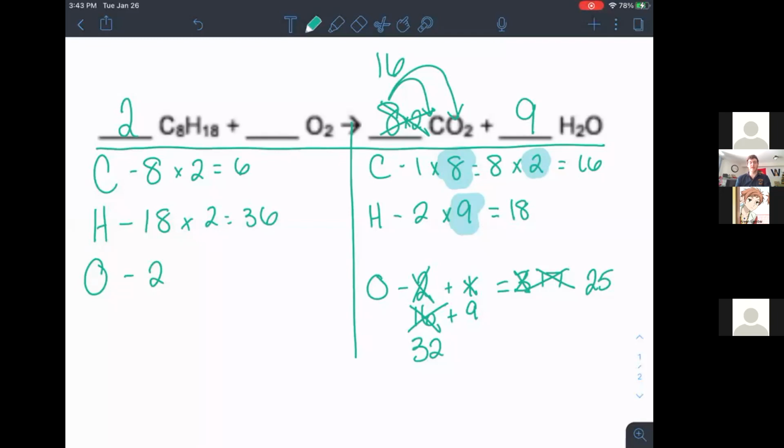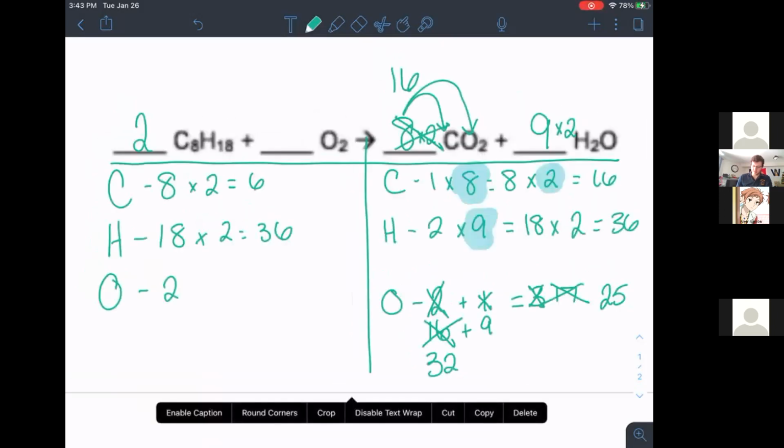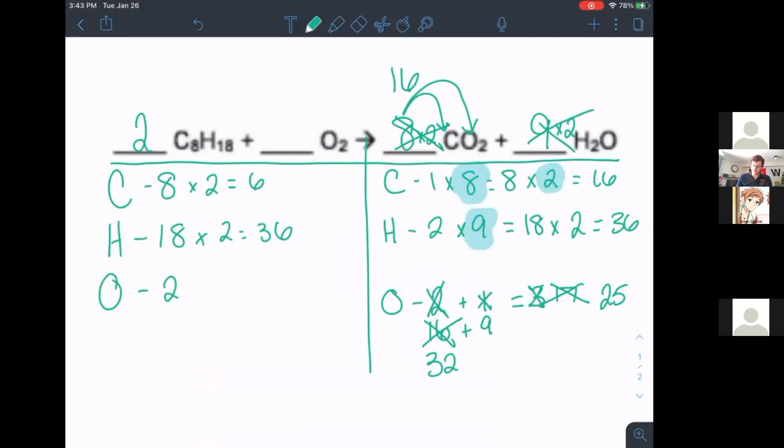What number do I multiply my hydrogens by? 2. By 2, awesome. Giving us 36, which means we multiply this by 2, which turns this into 18. It means this also turns into 18.